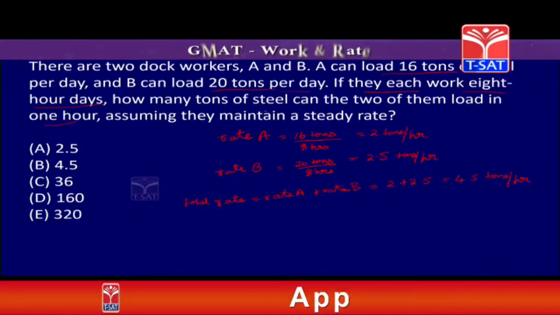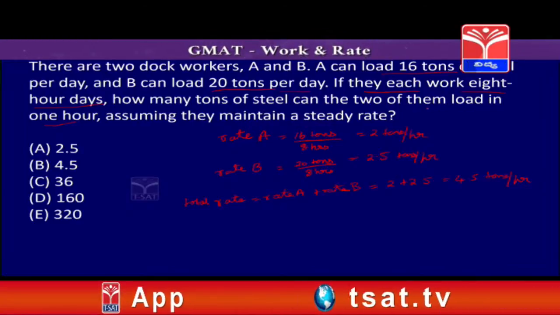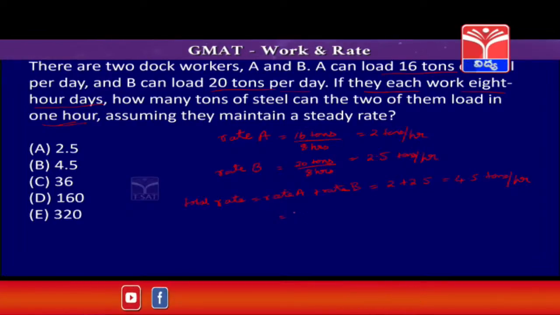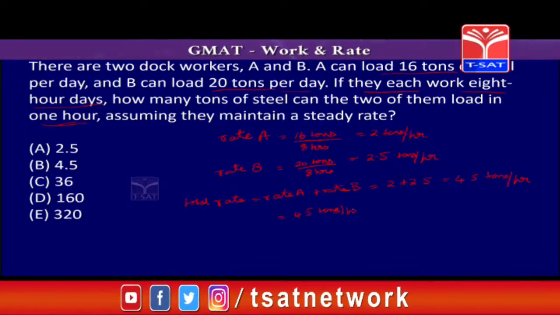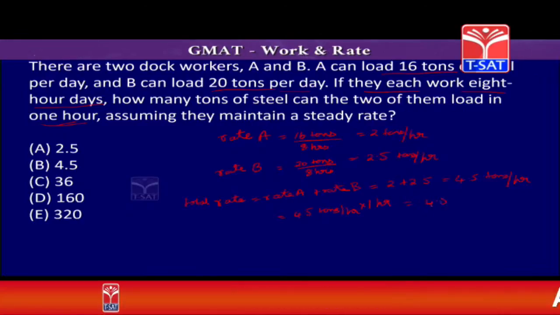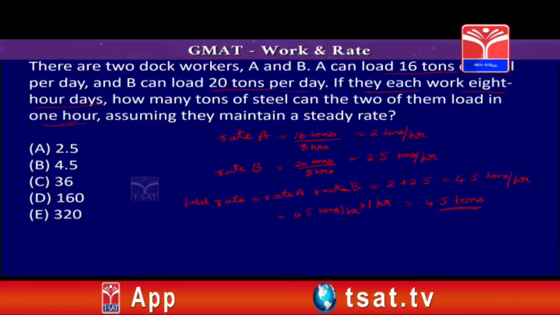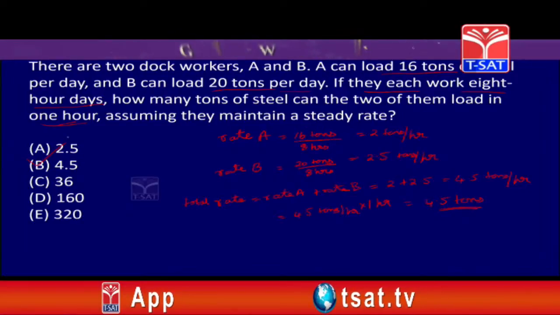And our question is asking how many tons of steel the two of them working together can load in 1 hour. So they just want this 4.5 tons per hour into time, which is 1 hour, which is 4.5 tons. It comes out to be 4.5 tons, which is option B. Option B is our answer.